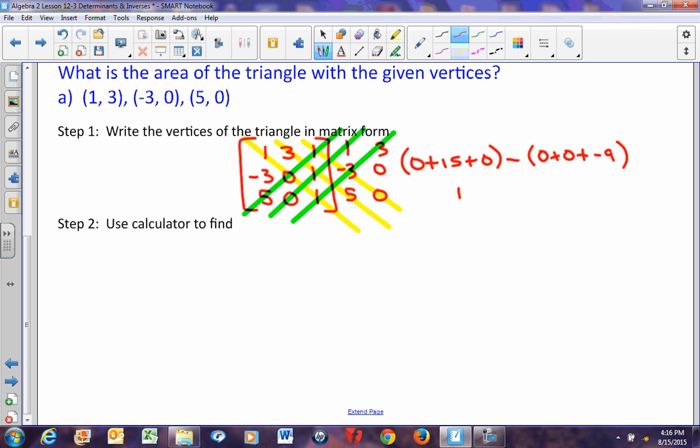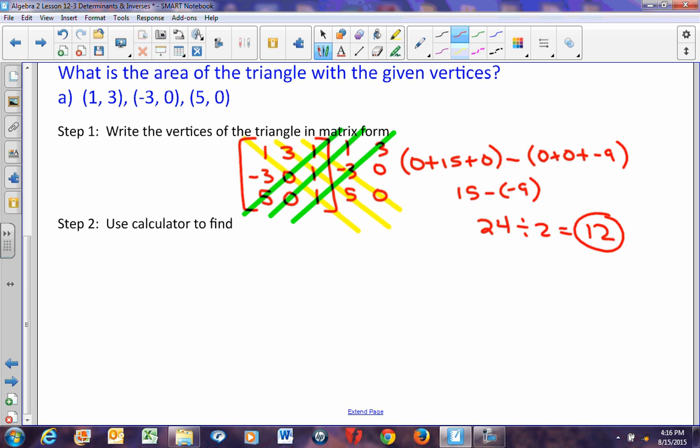So I basically have 15 minus a negative 9. 15 minus a negative 9 is 24. And half of that is 1/2 the determinant. Okay, so 24 divided by 2 is 12.